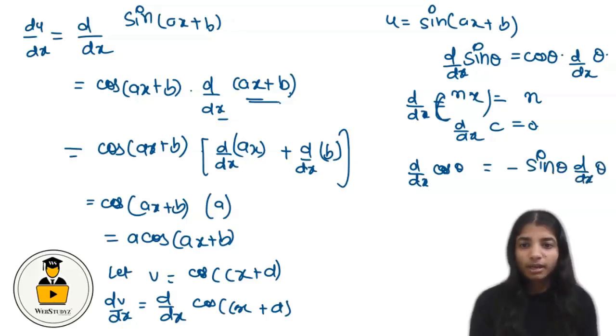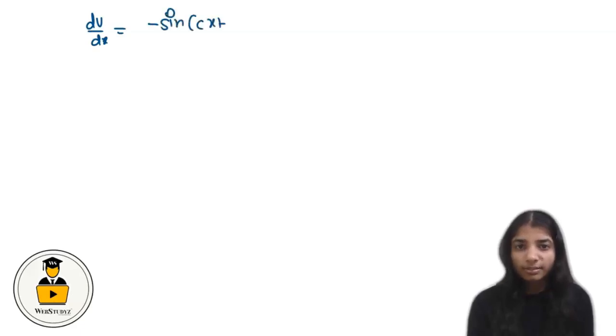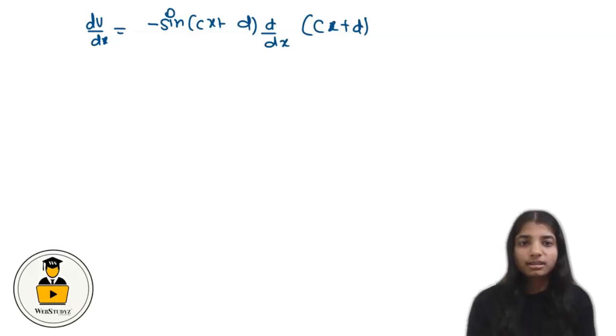So dv/dx becomes minus sin(cx + d) multiplied by d/dx of (cx + d), as we just discussed: the differentiation of a number times x with some constant is equal to the number, and the differentiation of a constant is equal to 0.